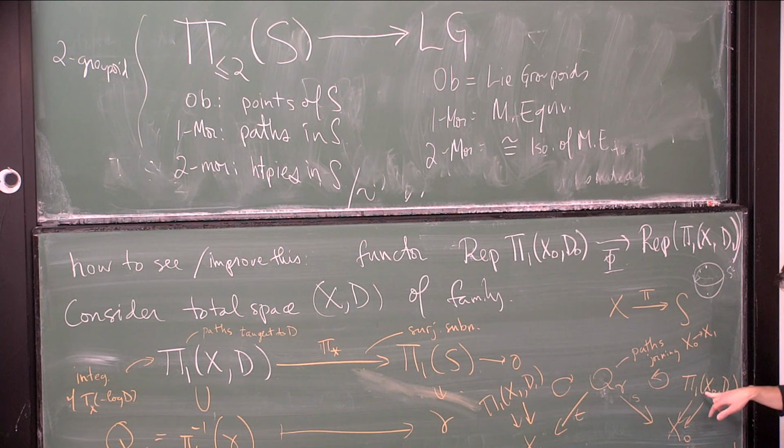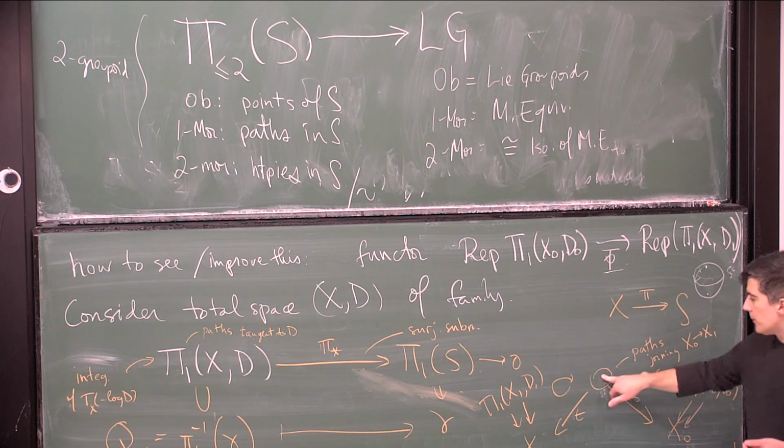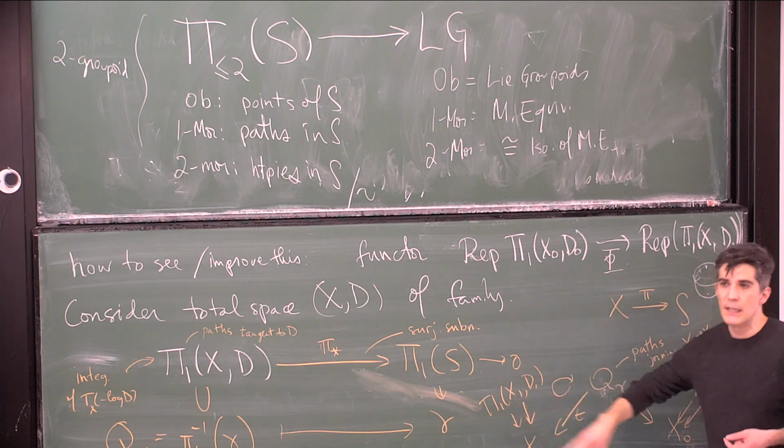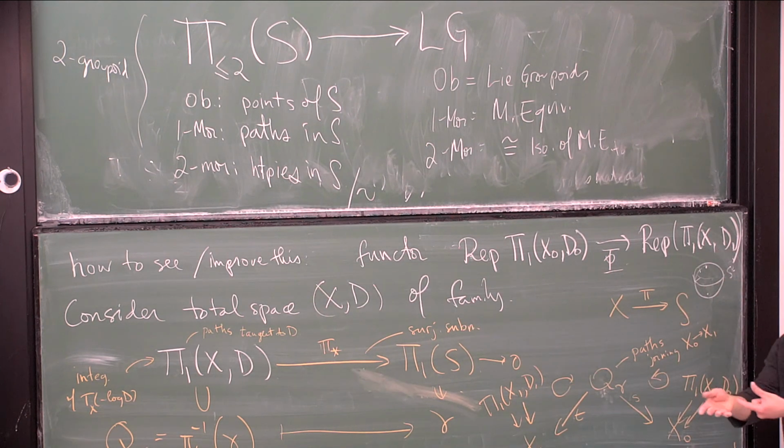So the representations of this groupoid can be transported to representations of this groupoid. And so for that reason, it's called Morita equivalence. Yeah, because in algebras, that's how they did it. So anyway, yeah.